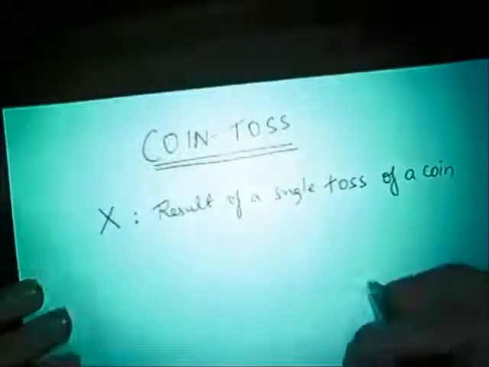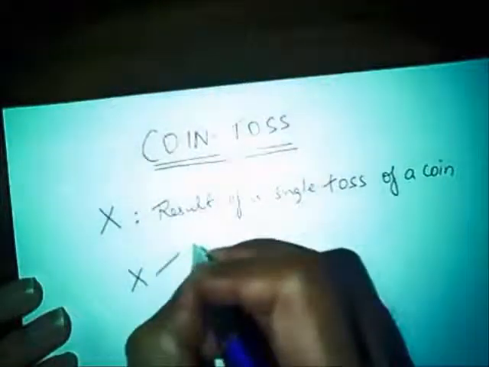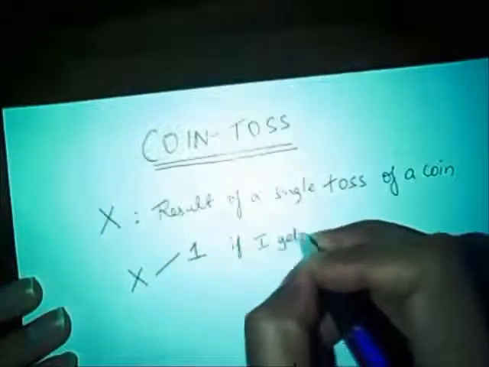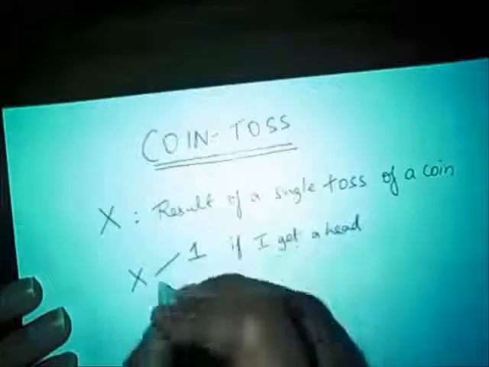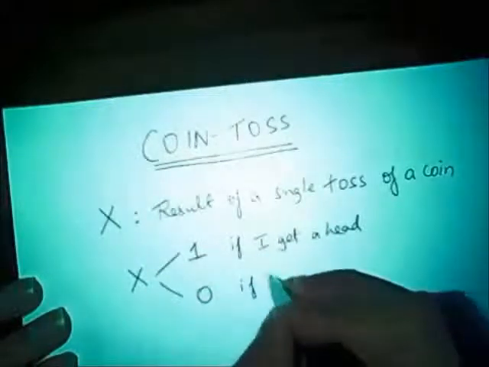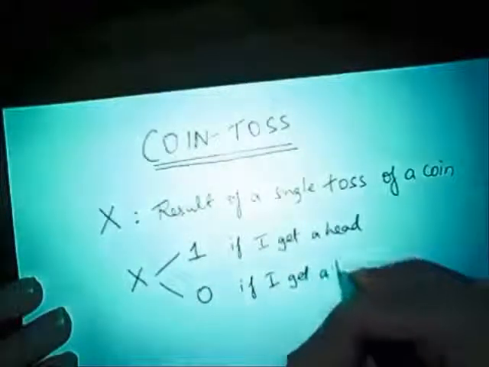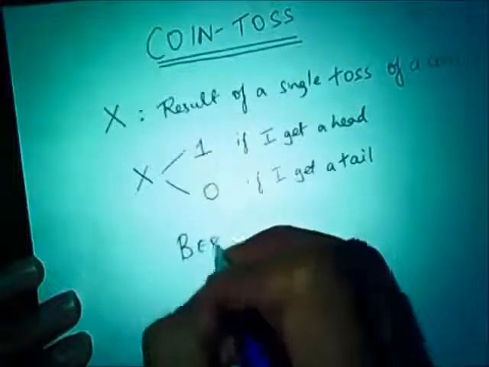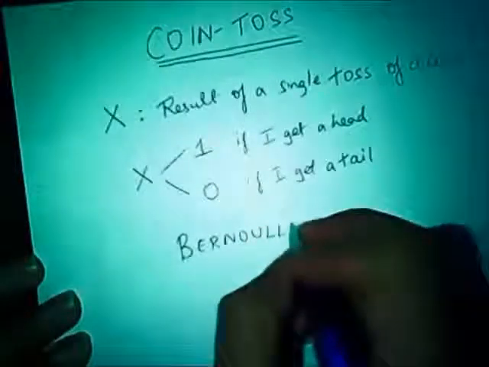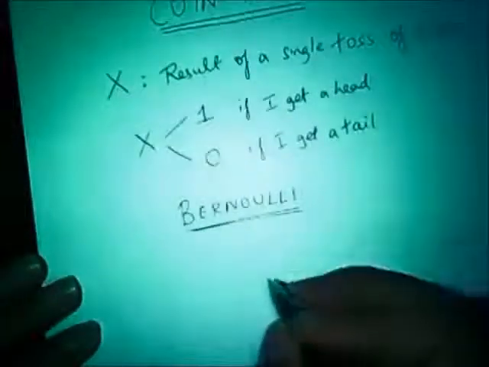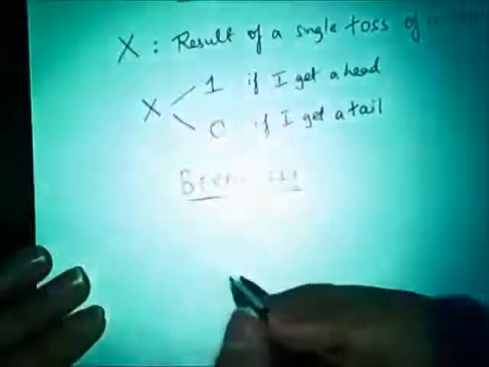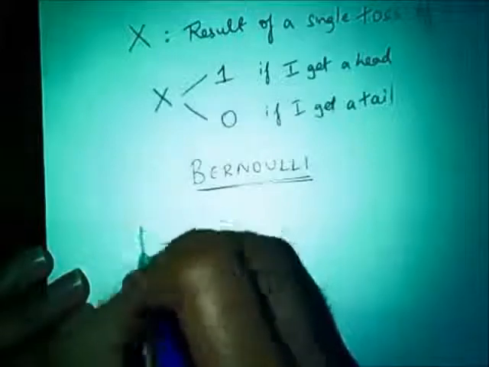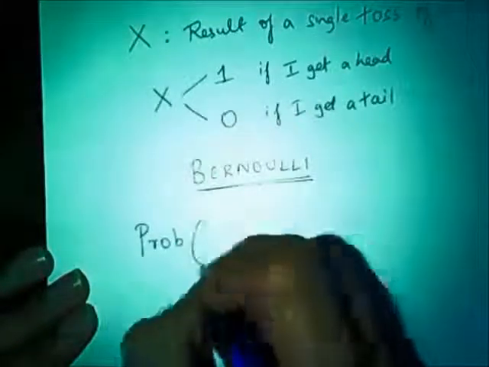My random variable x would take the value 1 if I get a head, and a value 0 if I get a tail. A Bernoulli distribution is a probability distribution that defines the probability distribution of x. As you can see, it's a discrete probability distribution, and it can be represented like this.